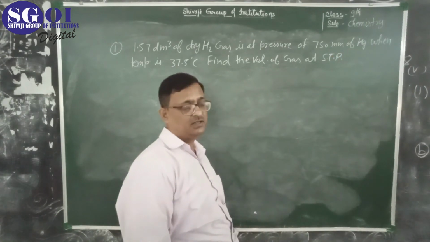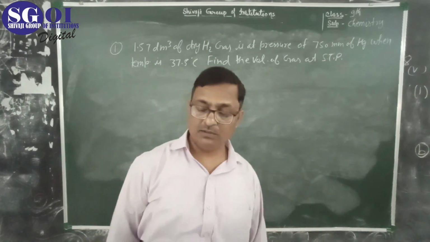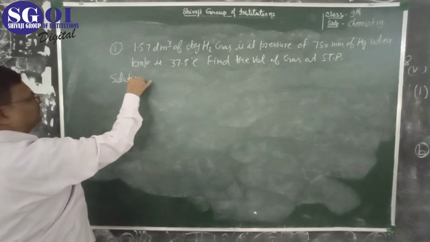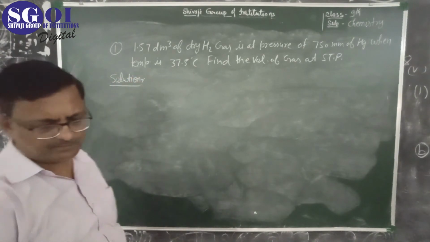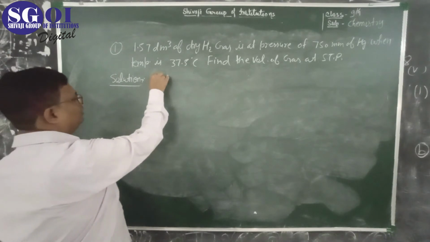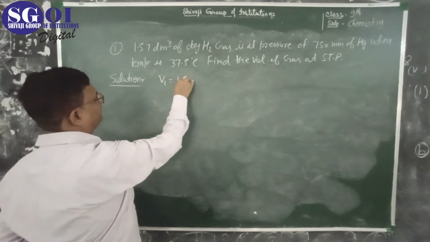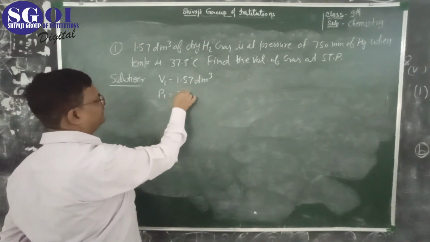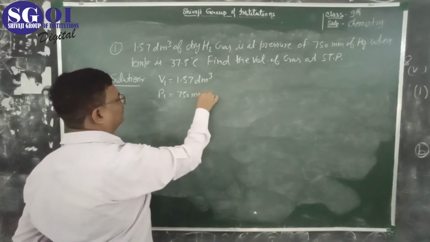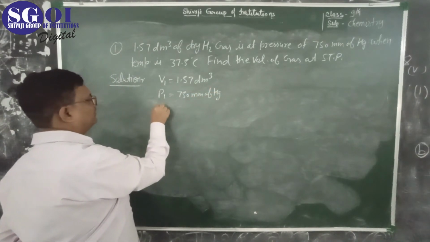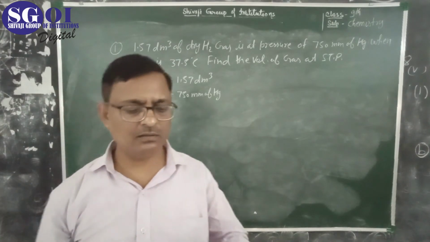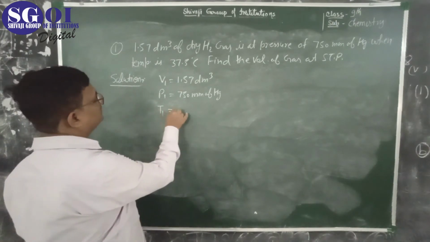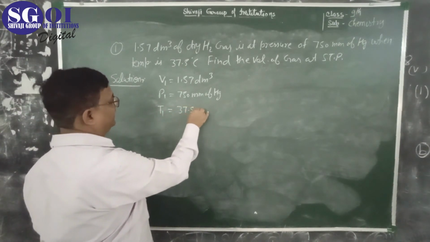Do you know the meaning of STP? The standard temperature pressure. So initial solution. See here, initial volume is 1.57 decimeter cube and pressure is 750 mm of Hg, and temperature is 37.5 degree centigrade.